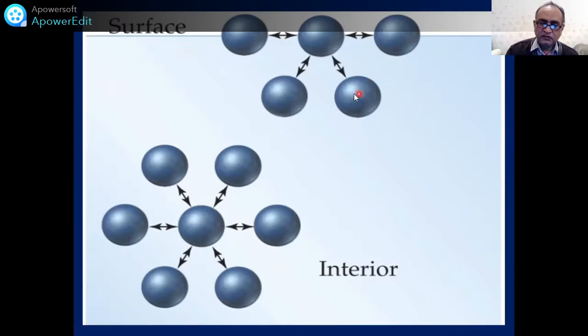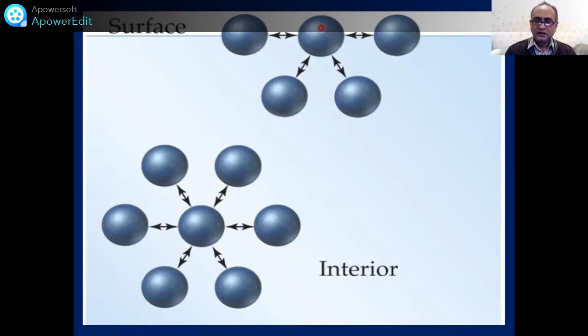There is no molecule at the top to balance the downward pull of these ones. So this molecule is experiencing some downward pull.